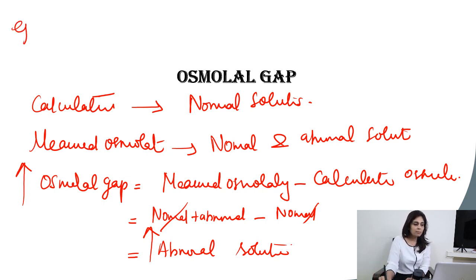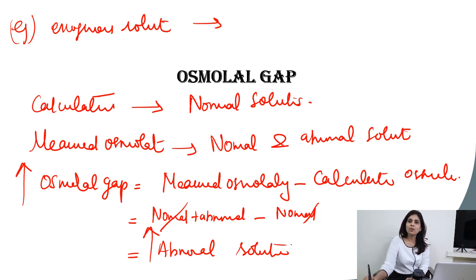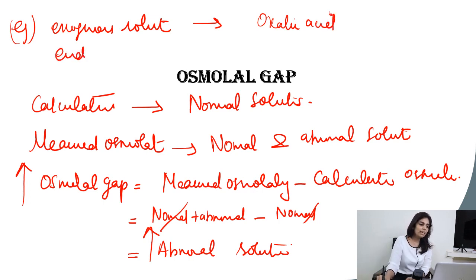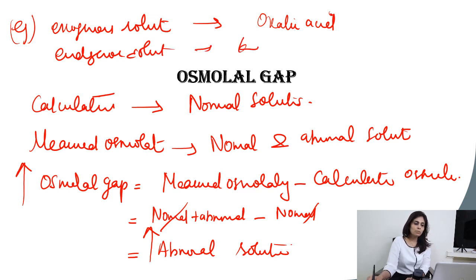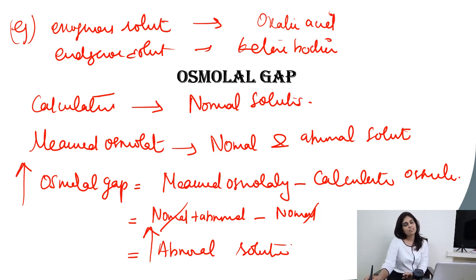An example of an abnormal exogenous solute would be the ethylene glycol metabolite, which is oxalic acid. An example of an abnormal endogenous solute would be ketone bodies. So in these conditions, osmolar gap will be elevated. That's all about these terms which you need to know.